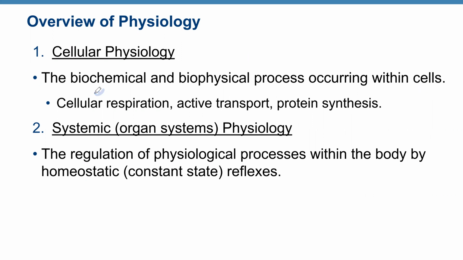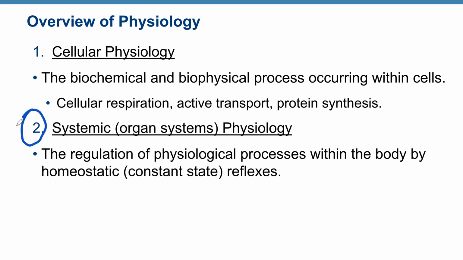The major function of cellular respiration is to create a molecule called ATP, and this is a molecule that is used by your cells as a source of energy. Other examples that cellular physiology studies include active transport and passive transport across the cell membrane, or protein synthesis.